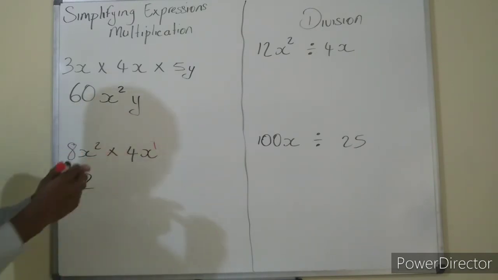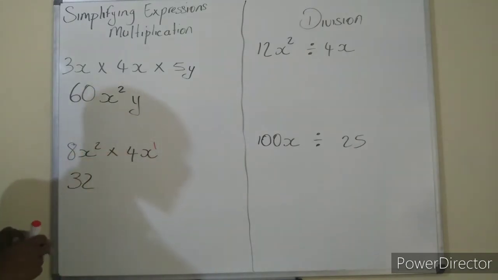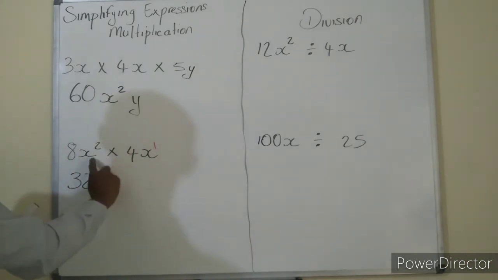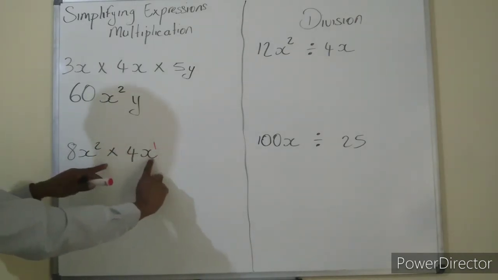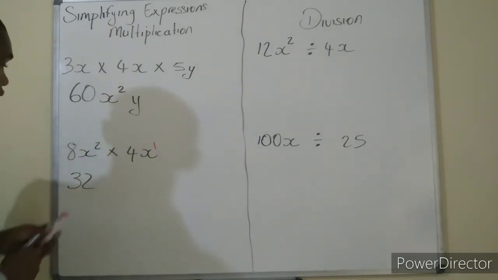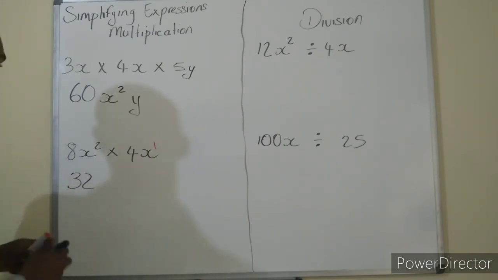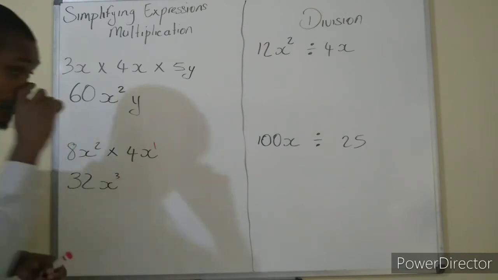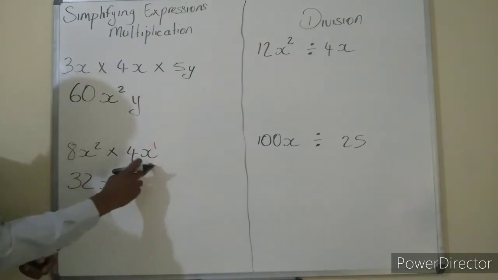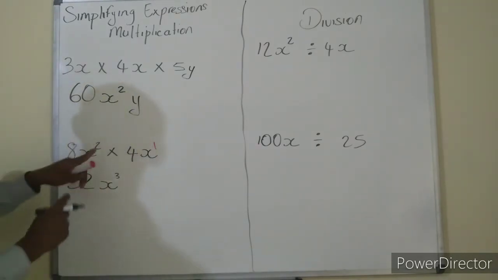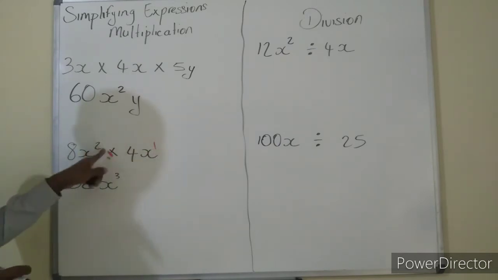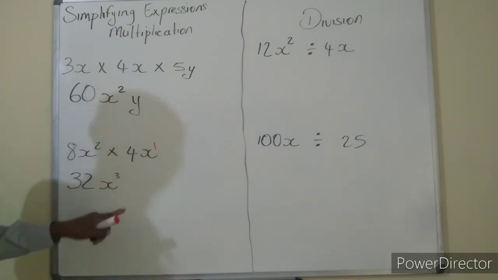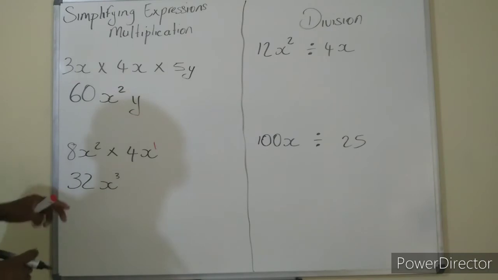You just add the powers of the x's: 2 plus 1 gives you x cubed. So once you are working with the same variable, whatever the power is, you just add them together when you are multiplying and you'll be able to get your answer.